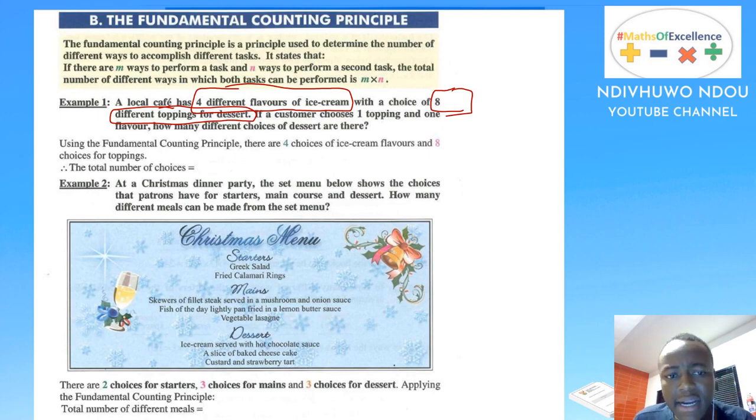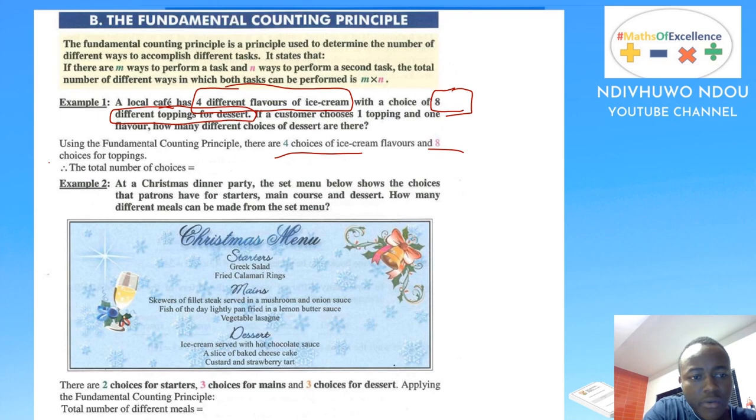So using the fundamental accounting principle, we know that there are 4 choices of ice cream flavors, and we also know that we have 8 choices of toppings. So the total number of choices, according to the definition, we simply multiply the number of ways in which you can arrange certain tasks in a certain event.